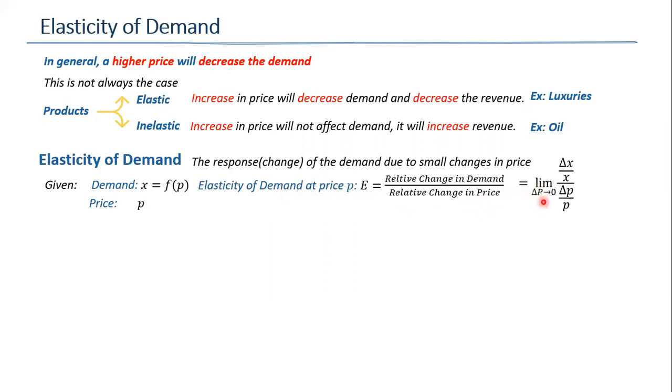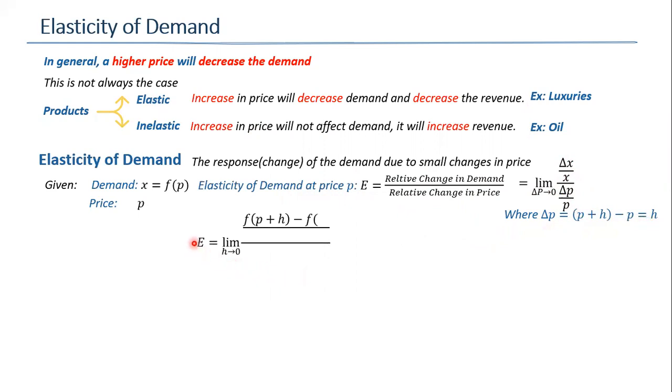So E equals the limit of delta x over x over delta p over p when delta p approaches 0, where delta p equals p plus h minus p, which equals h.